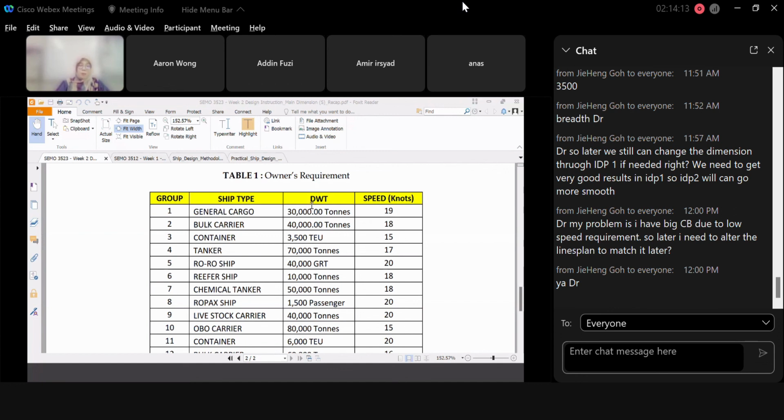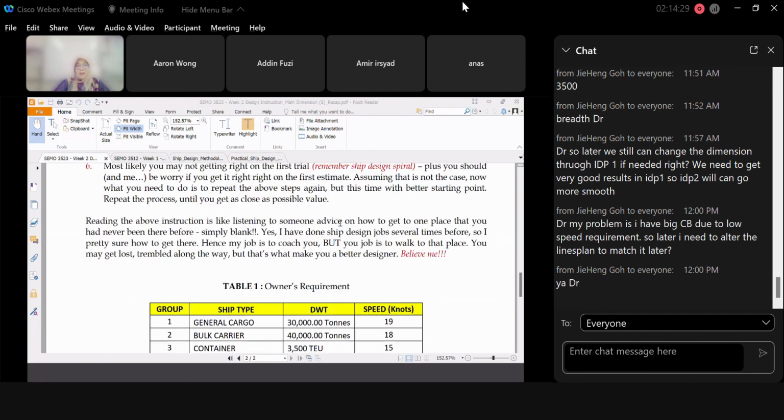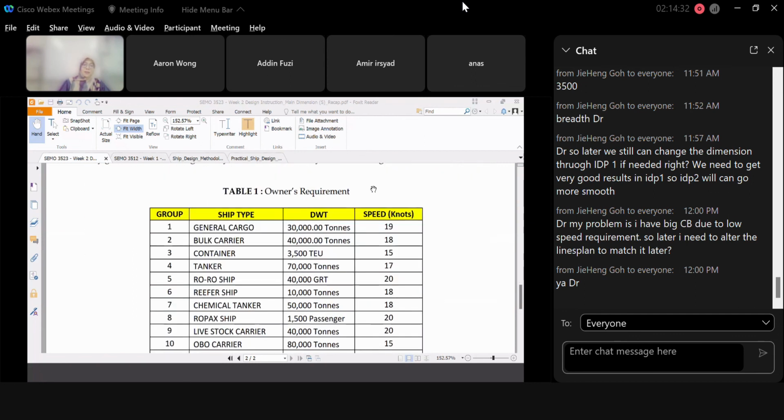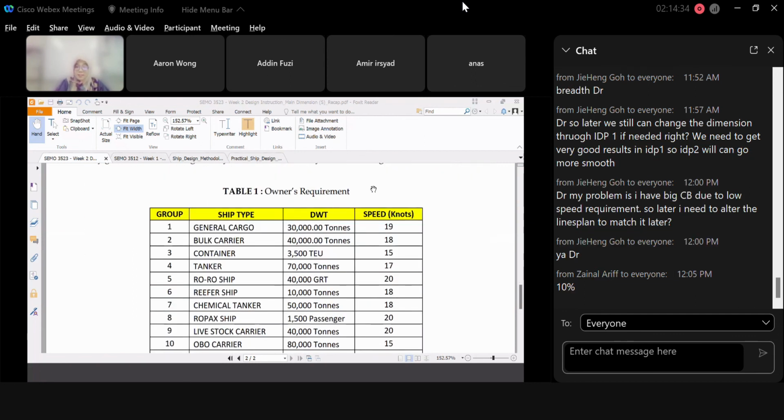Meaning one person will do 30,000 tons. The second member will do, am I correct, 5% higher than 30,000 tons, so it should be 35,000 tons. Am I correct? 5% higher, 10%? Is it 10%? Oh, okay, sorry, 10%.